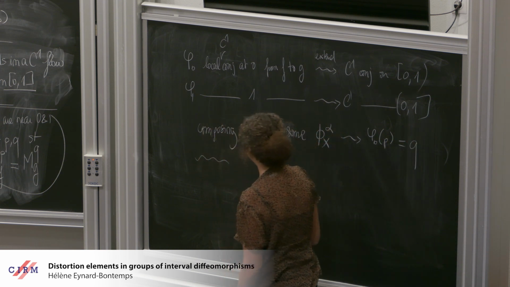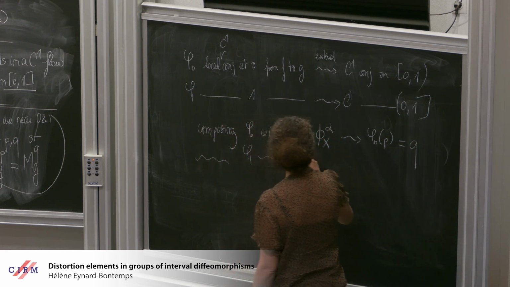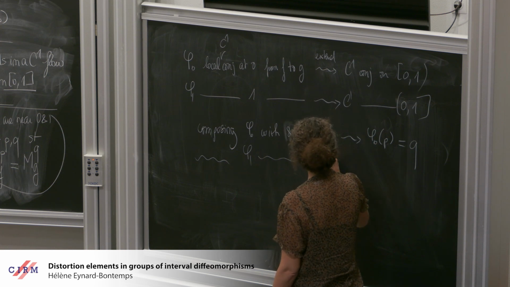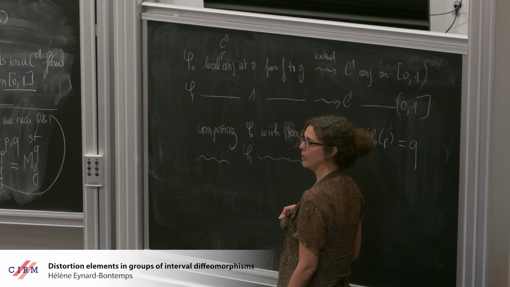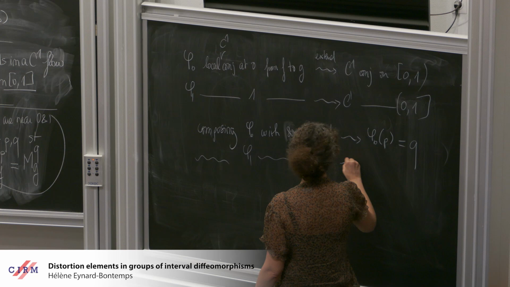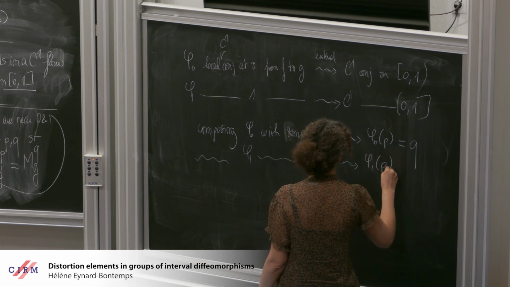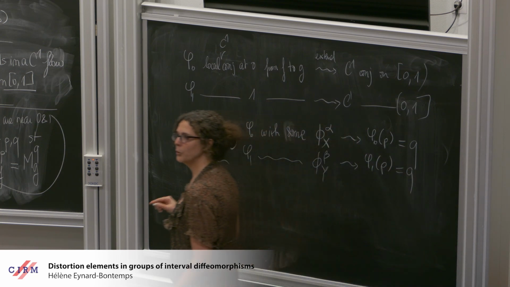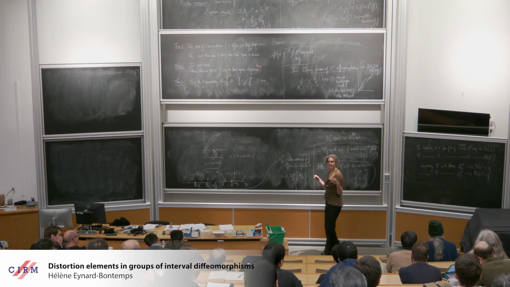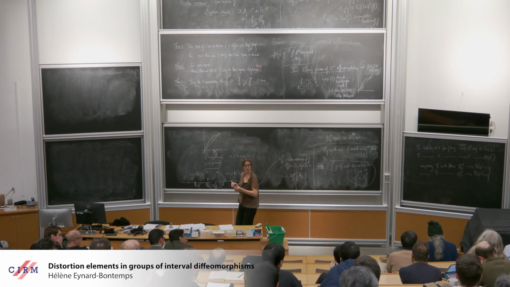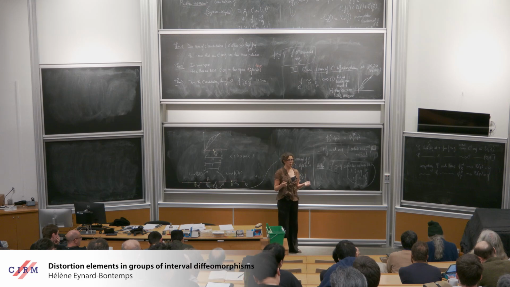And similarly, composing phi 1 with some element of the C1 centralizer of f on the right, you can assume that your phi 1 sends P to Q. So you have two almost conjugacies. They both send P to Q. And now what I'm saying is that they are equal. And why are they equal?